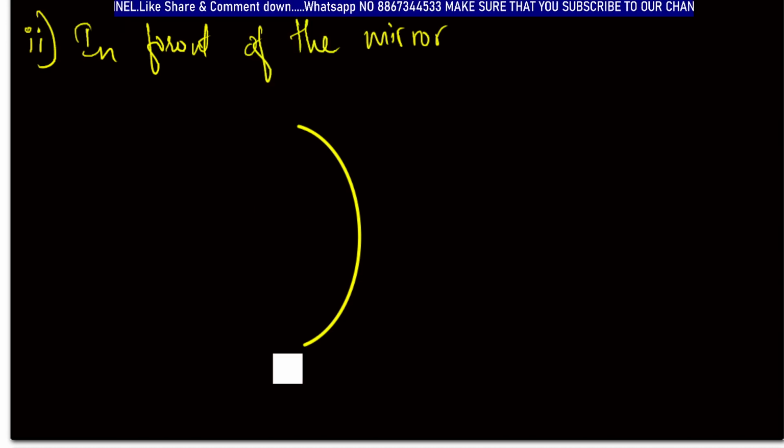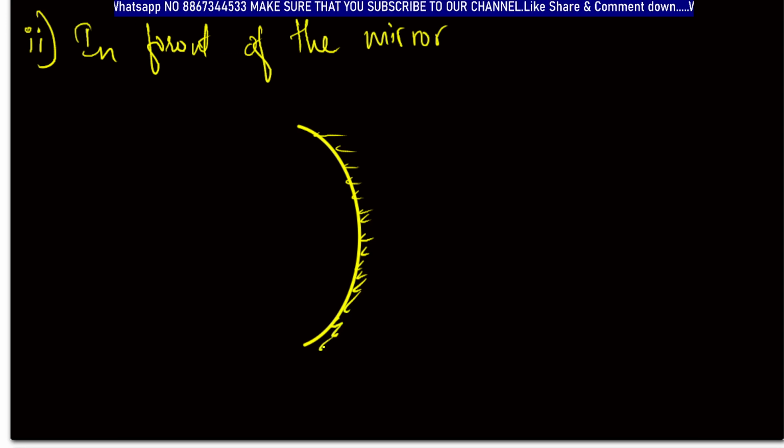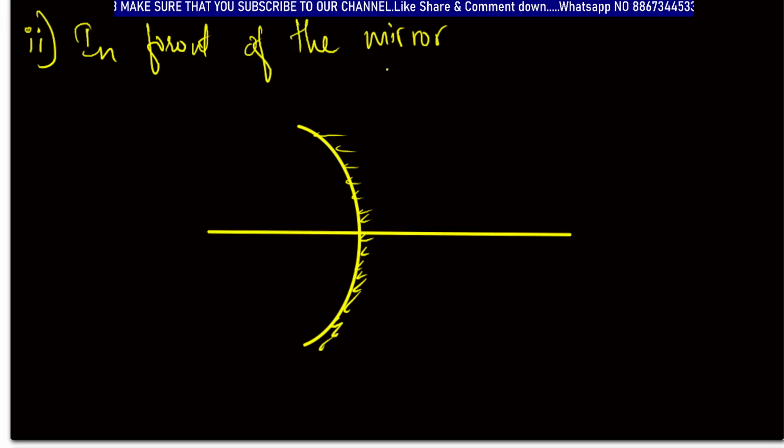So this is the mirror, this is the polished surface. This is the principal axis. This is the pole P. This is the center of curvature. This is the focus.